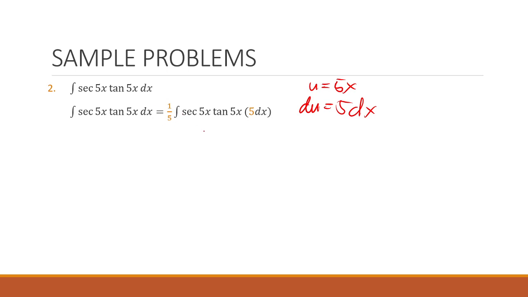So, this is now in the form secant u tangent u du, where u is 5x and du is 5 dx, right? So, integrable using the secant u tangent u formula. This is equivalent to secant u plus c, right? Where u is 5x. And of course, don't forget the neutralizing factor, 1 over 5. Okay.